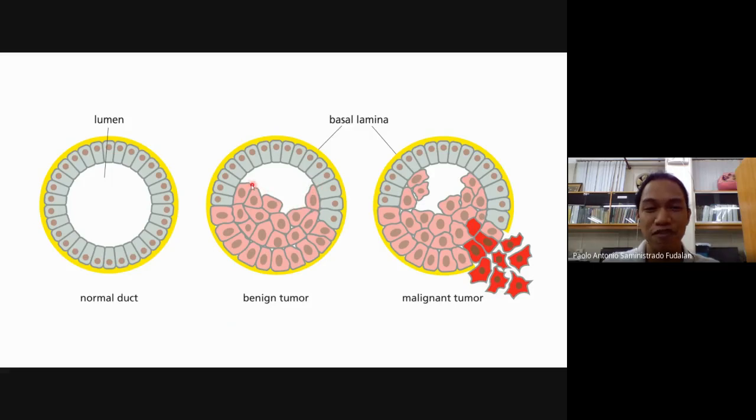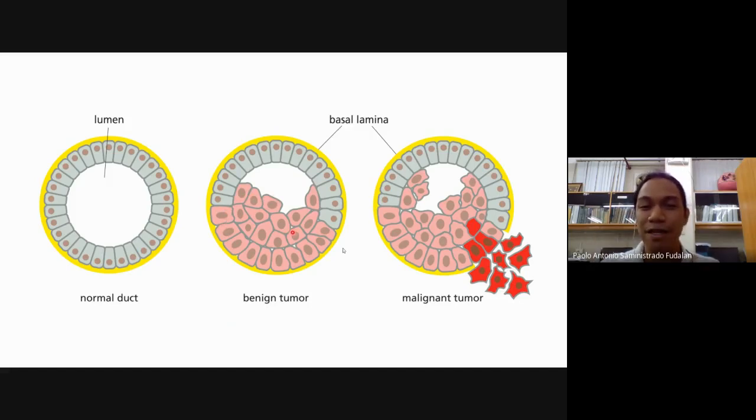It can sort of block the lumen of the intestine, but sometimes it's benign, meaning although the cell division is uncontrolled, it stays in place. The cells stay in place, and this can be removed through an operation. So you can just be operated on, remove this tumor, and you're okay.